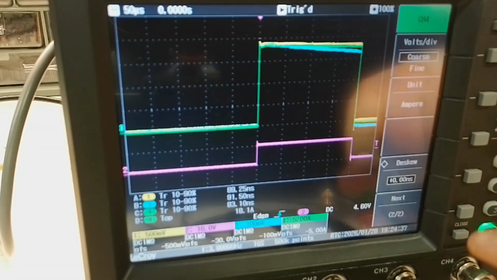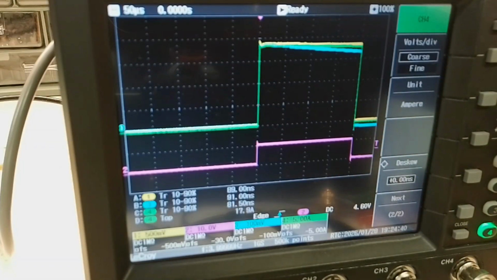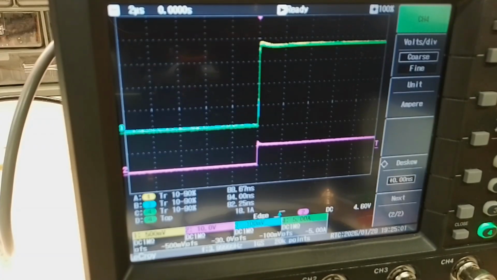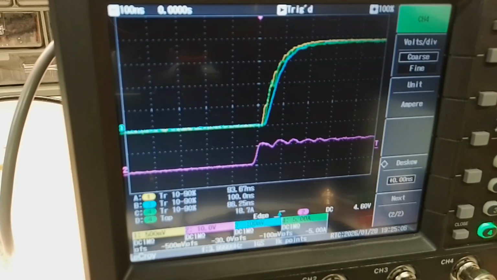We can copy this screen. Like this one. And copy also this one.